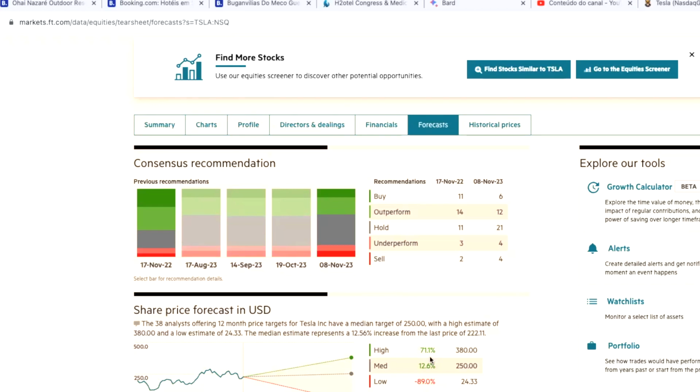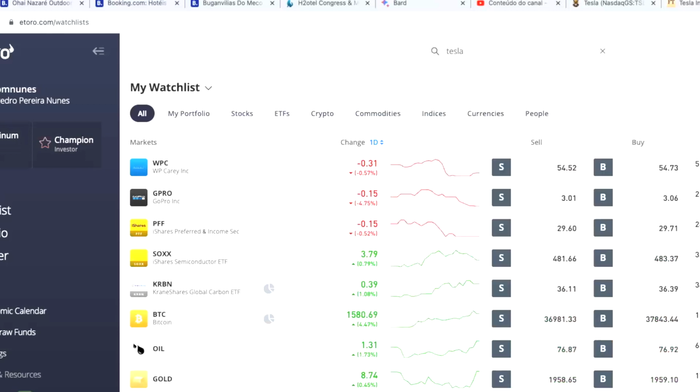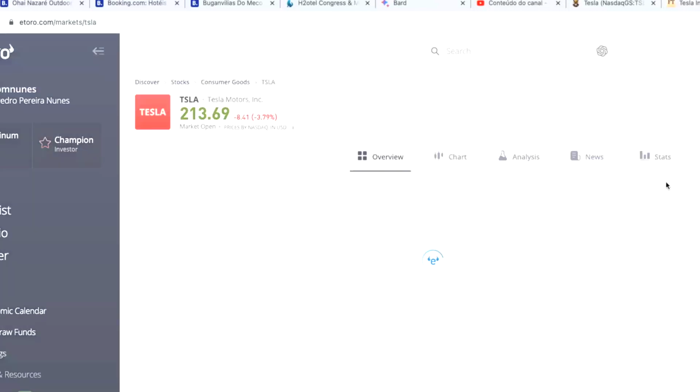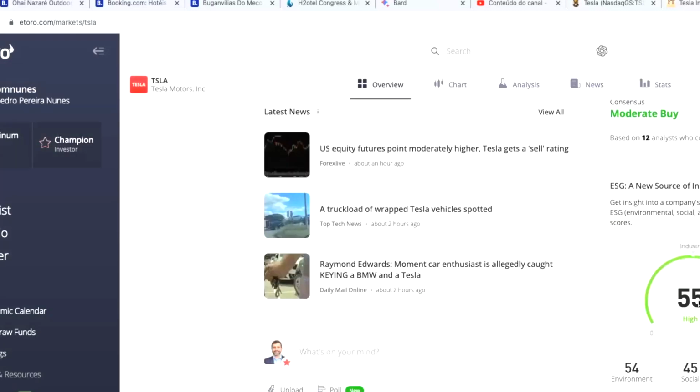The next data is the ESG score, since I recently adopted a more environmental perspective. So I'm going to see the score. Tesla has a 55 score in ESG, which is environmental, social, and governance, with an industry average of 51.